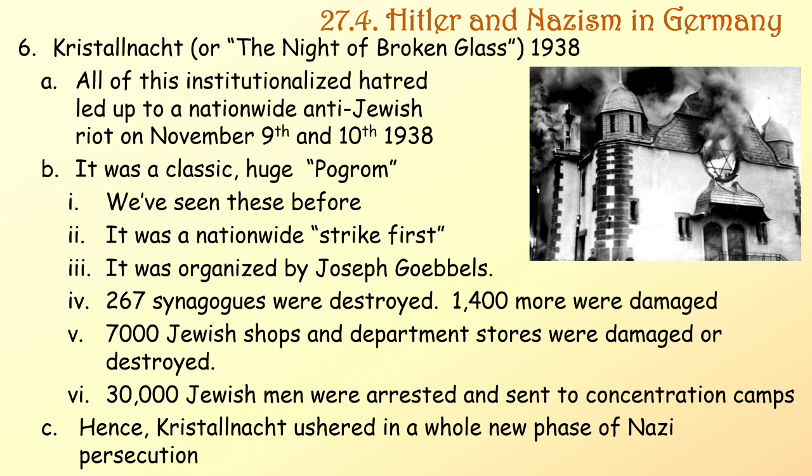It was organized by Joseph Goebbels. 267 synagogues were destroyed, 1,400 more were damaged, 7,000 Jewish shops and department stores were damaged or destroyed, 30,000 Jewish men were arrested and sent to concentration camps. Hence, Kristallnacht ushered in a whole new phase of Nazi persecution.